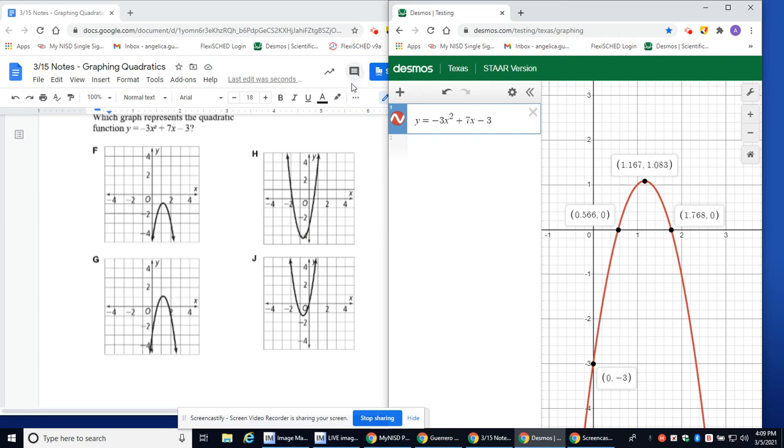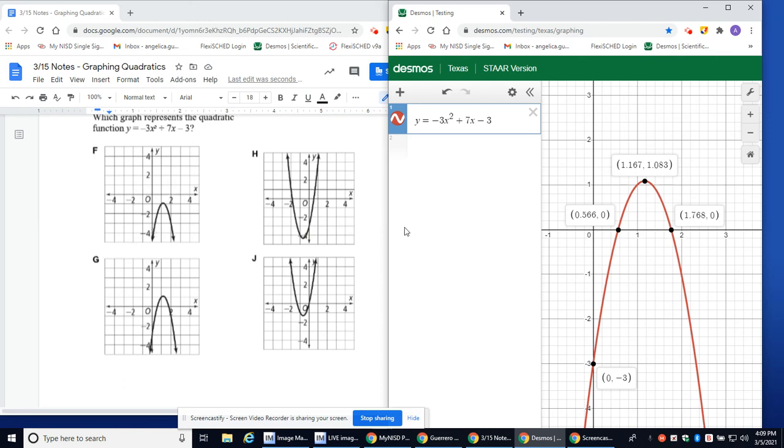I'm not able to write on this, but you want to recognize that these are intersecting in between 0 and 1, and my other x-intercept is in between 1 and 2, closer to 2, and that's what this graph indicates here. Here it does not show it ever intersecting the x-axis.